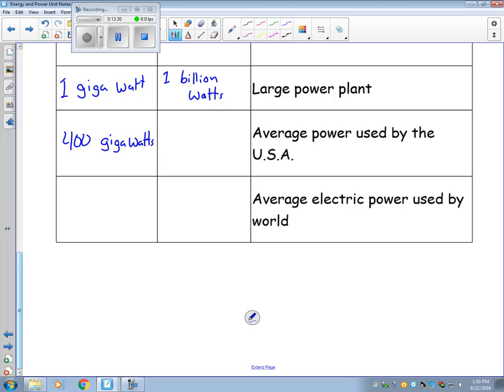That's the average power used by the United States. Two terawatts is roughly how much energy is used by the world, or electrical power, I should say. So that would be 2 times 10 to the 12th watts. It is a lot.